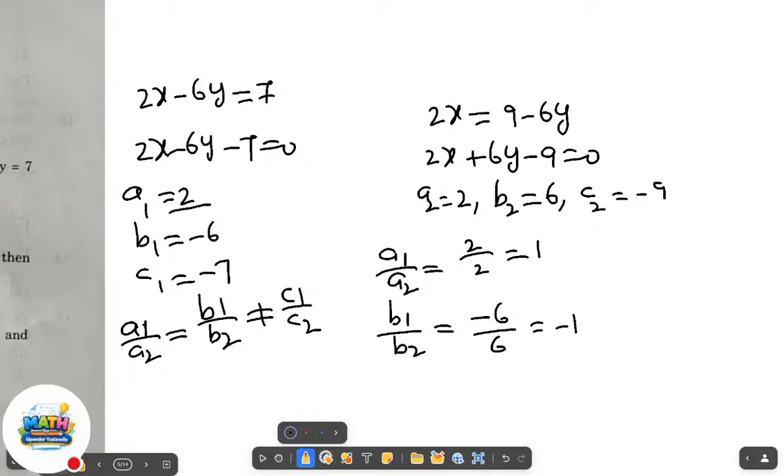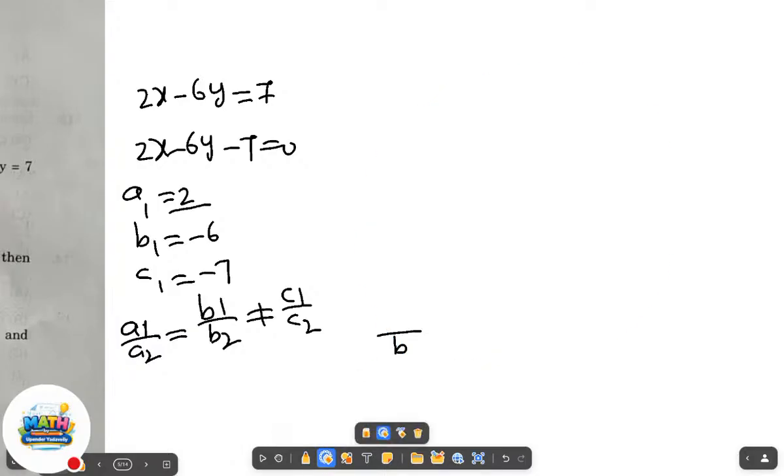So a1 by a2 is not equal to b1 by b2. Therefore option B is also wrong, because we should get a1 by a2 equal to b1 by b2.